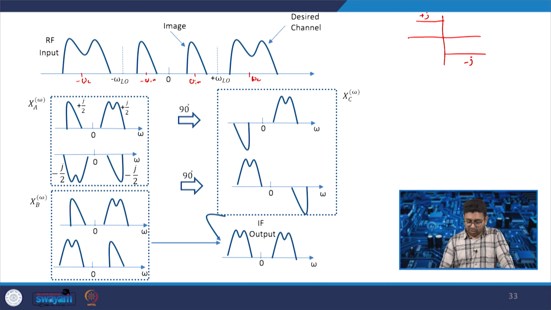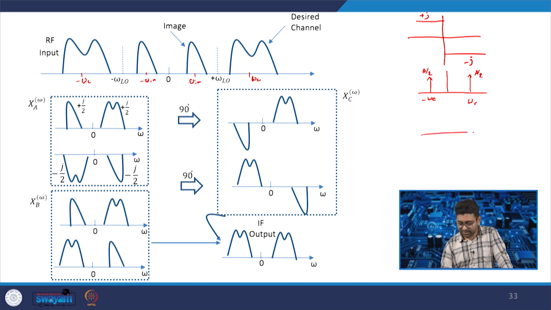We should also know that cos omega LO, at plus omega c is E by 2, and the same at minus omega c, it is E by 2.